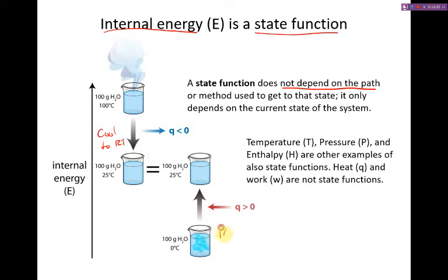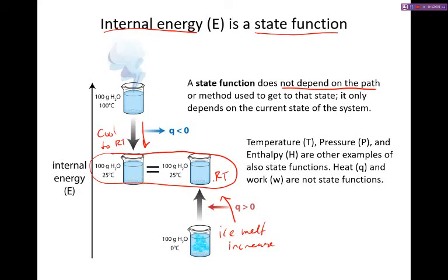Or we could take ice and melt it and increase it until it gets to room temperature. These two processes took different paths, but in the end, they ended up at the same final state. Same mass, same temperature, which means that they both have to have the same internal energy.